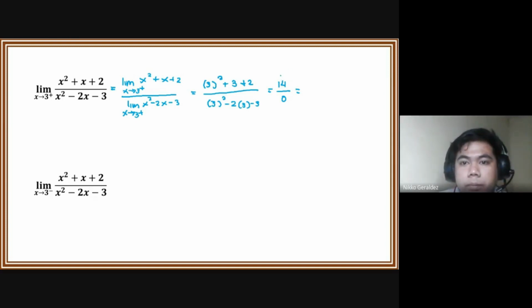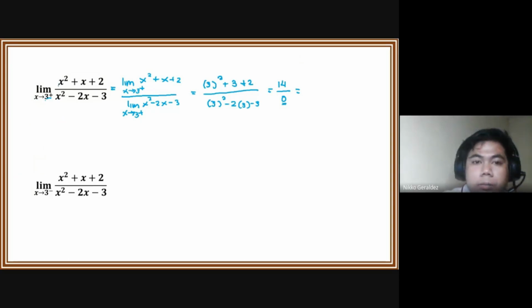Our k is positive, right? So we look at case 1 or 2. k is positive, then g of x approaches 0 through what values, positive or negative? We look at x approaches c, that is, x approaches 3 from the right. So that means g of x approaches 0 through positive values.